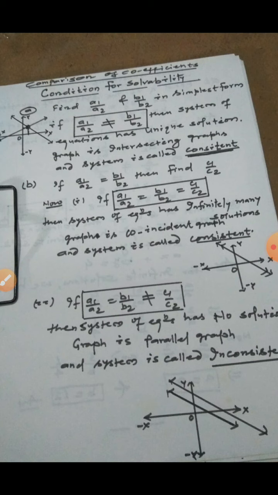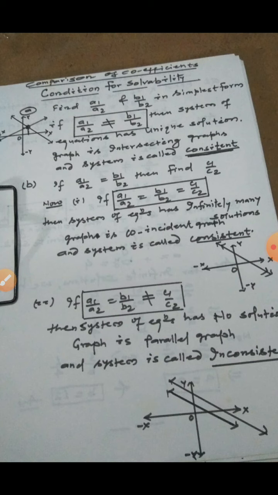Similarly, for the second equation, a2 and b2 are the coefficients of x and y, while c2 is the constant for the second equation.